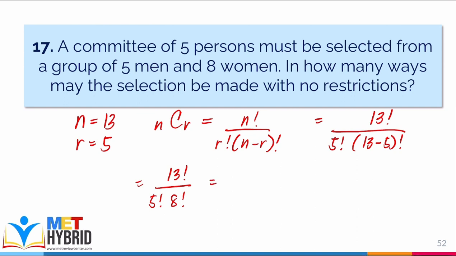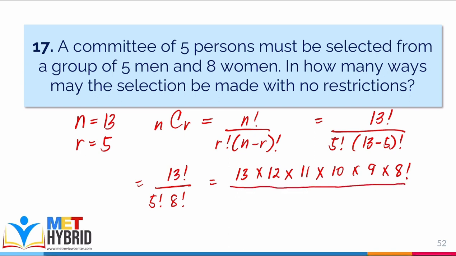We can expand 13 factorial this way: 13 times 12 times 11 times 10 times 9 times 8 factorial over 5 factorial times 8 factorial.